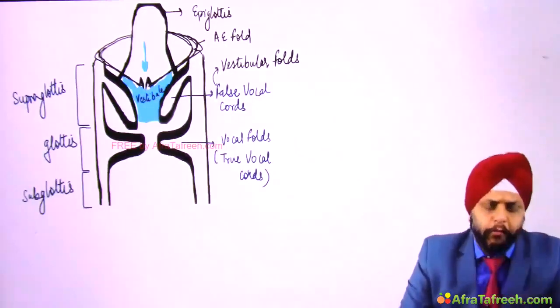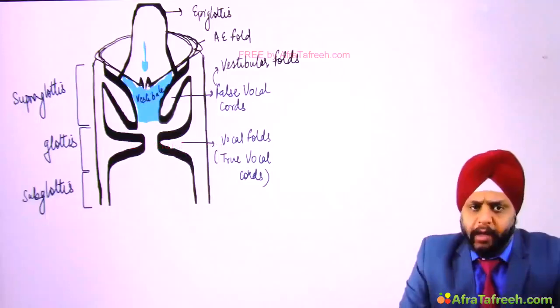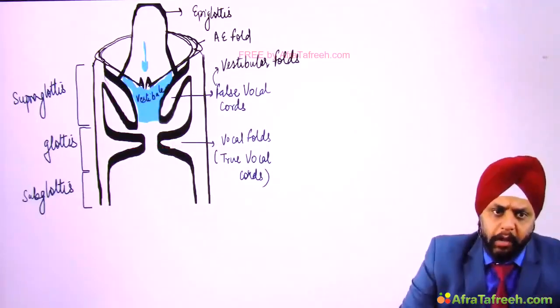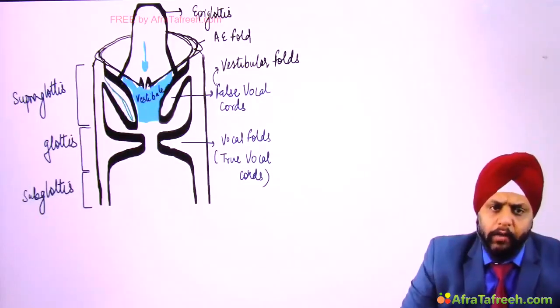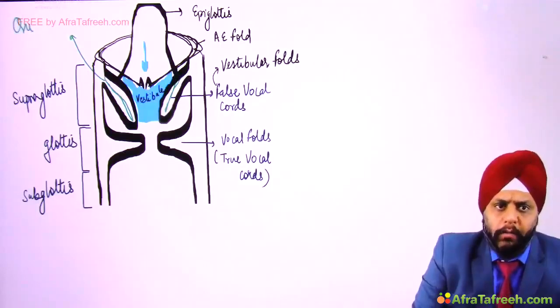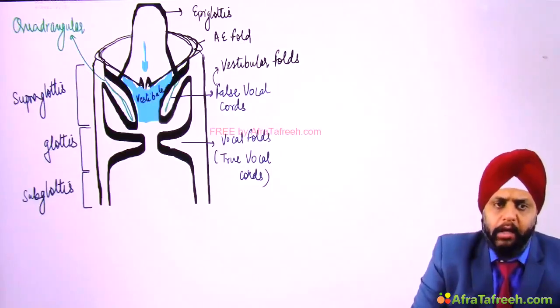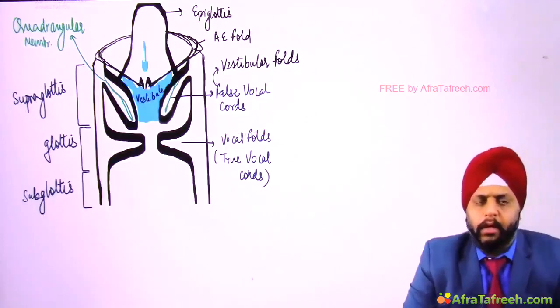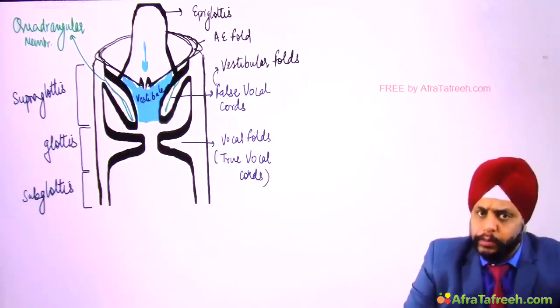When the mucosa folds, the basement membrane inside it also folds onto itself inside the vestibular folds, and it forms the quadrangular membrane. So this quadrangular membrane is inside the vestibular folds.